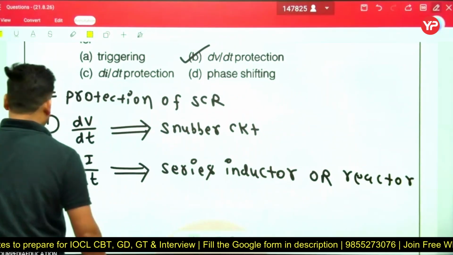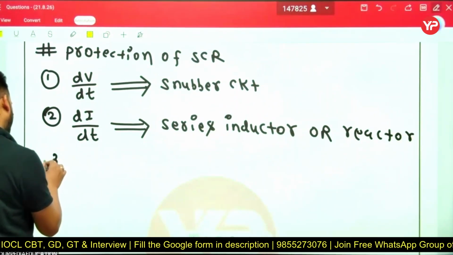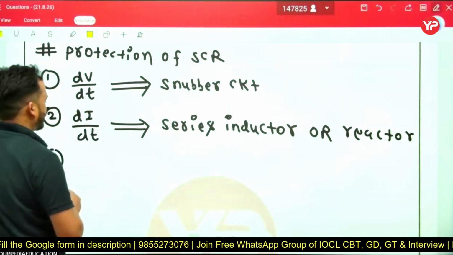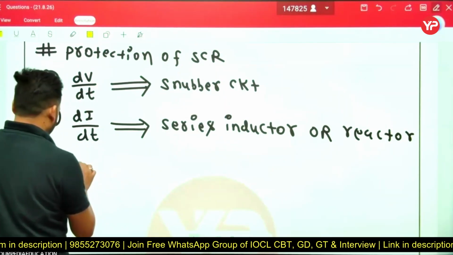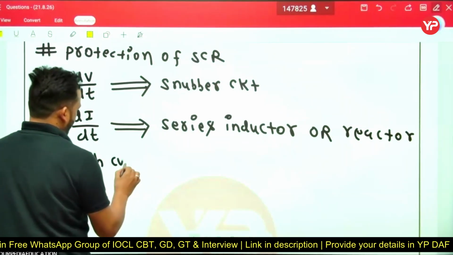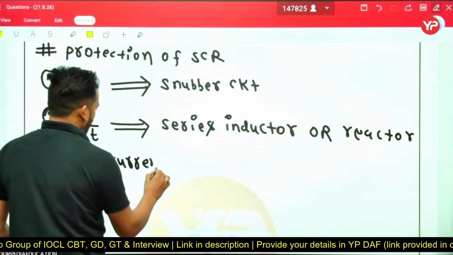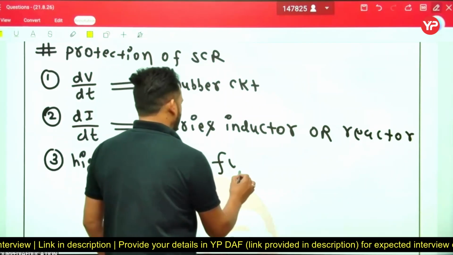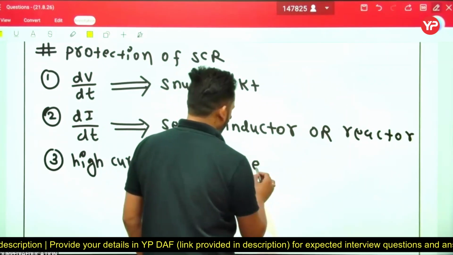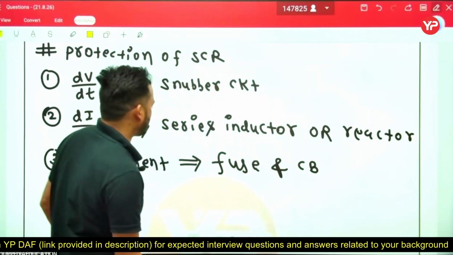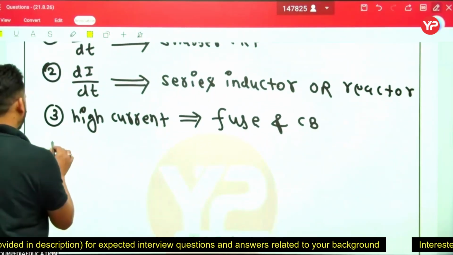Next, high current. For this we use a fuse and circuit breaker.